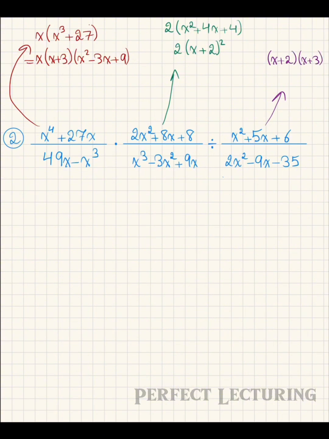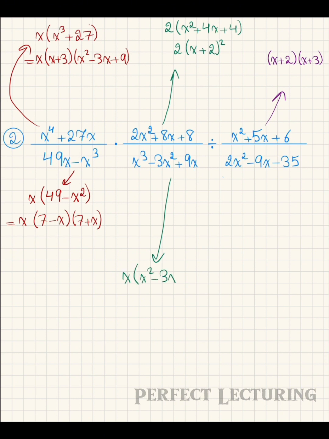For the other polynomials, again, we first factor x here, and this becomes 49 minus x squared. That is a difference of 2 squares, so this is x into 7 minus x into 7 plus x. For the other one, we factor an x and end up with x squared minus 3x plus 9.